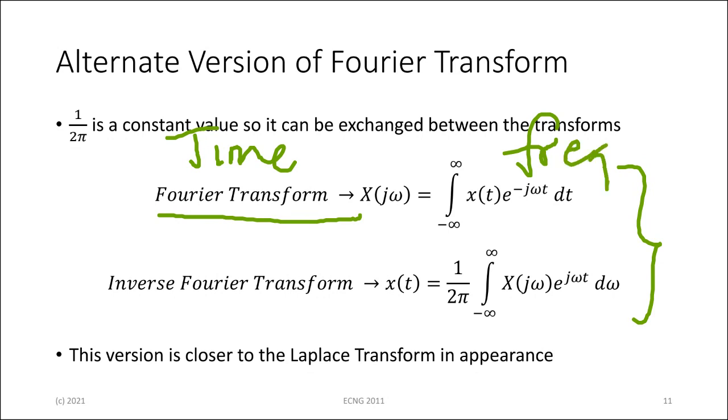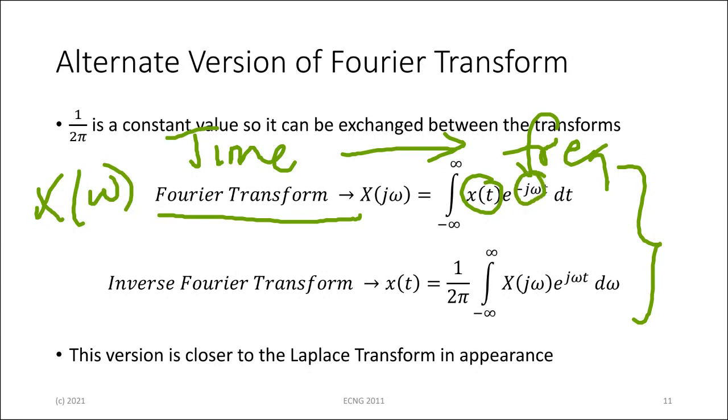So going from time to frequency, you take x(t), and what you get when you transform it is a function of j omega, a function of frequency. Some books write it as X(omega) too, but the j omega is more correct because the argument of the e is really minus j omega and not just plain omega.